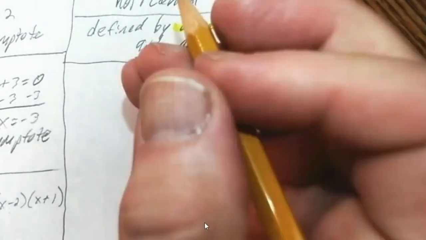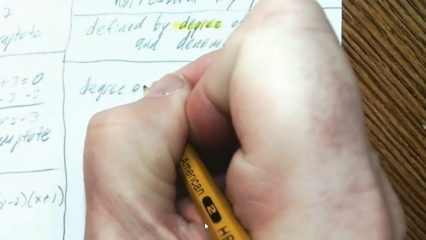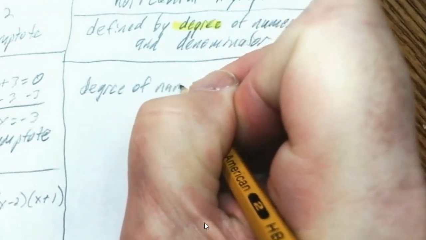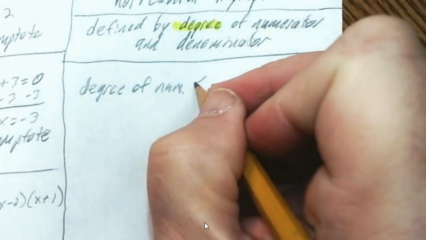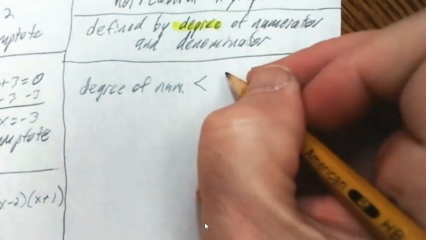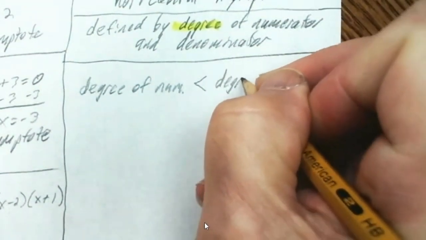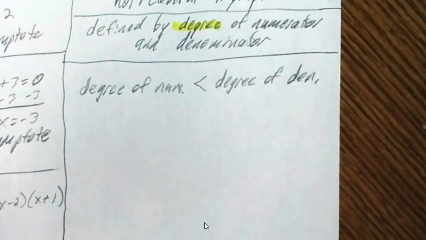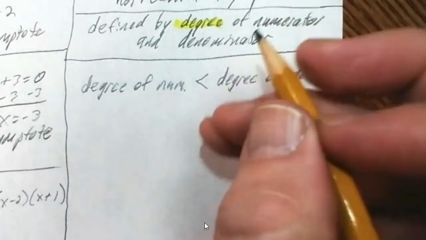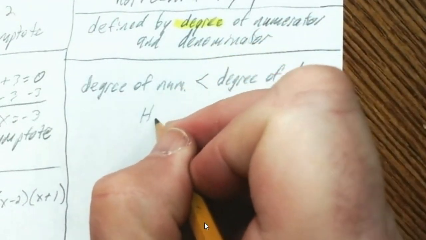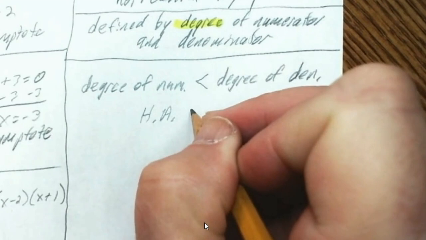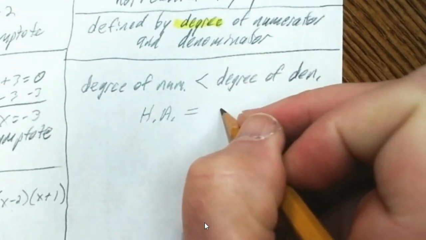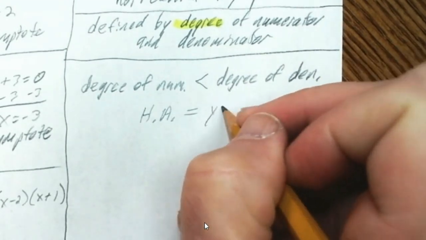All right, so if the degree, I'm just going to abbreviate it, of the numerator is less than the degree of the denominator, and I'm just going to abbreviate that, the horizontal asymptote equals y equals 0.